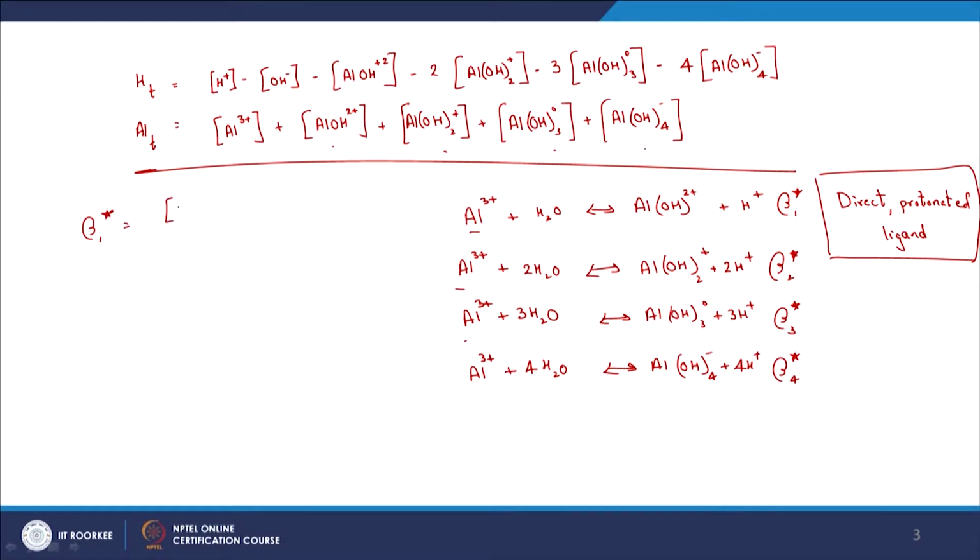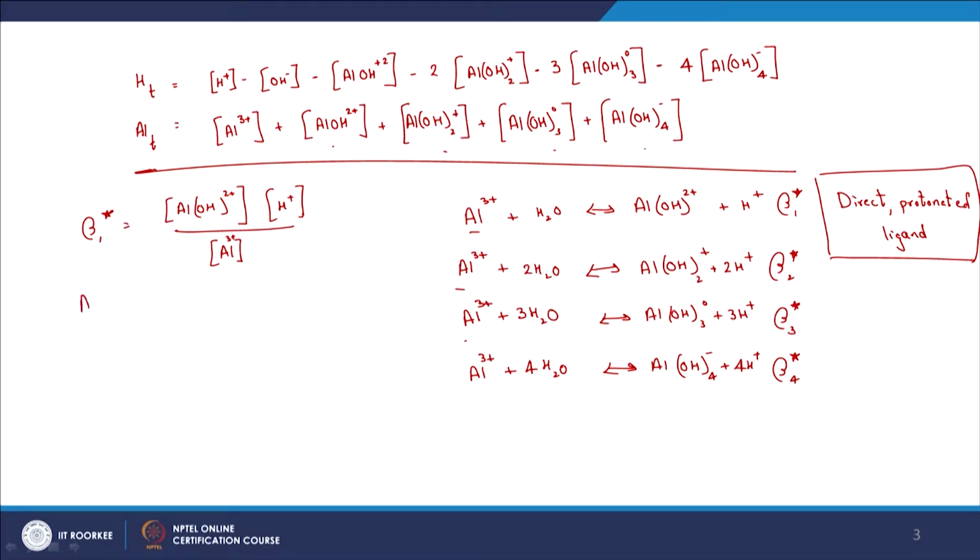The concentration of AlOH2+ into the concentration of H+ by the concentration of Al3+, meaning what is this now?